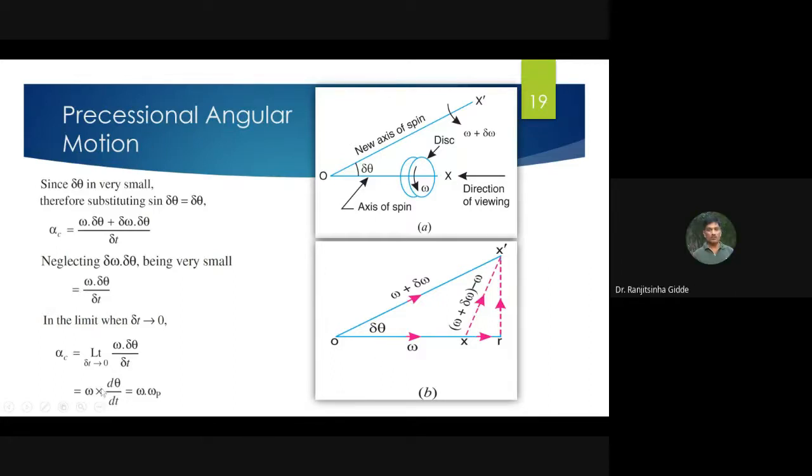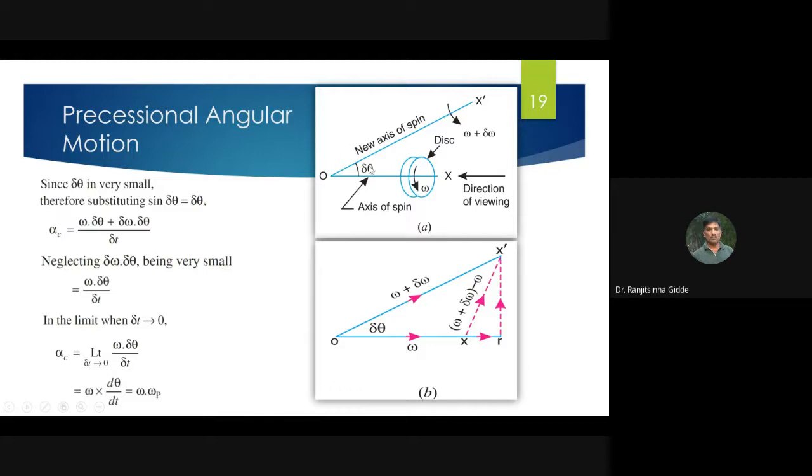Now, precessional angular motion. Finally, the acceleration component which is perpendicular to OX, we got as omega into omega p. This omega we have written as d theta by dt, that is angular displacement with respect to time, which is nothing but the precessional angular velocity.